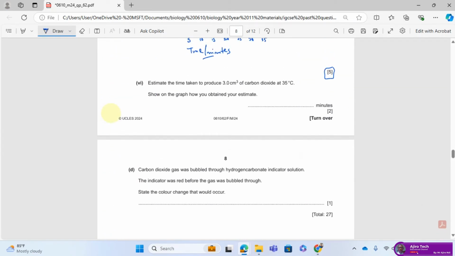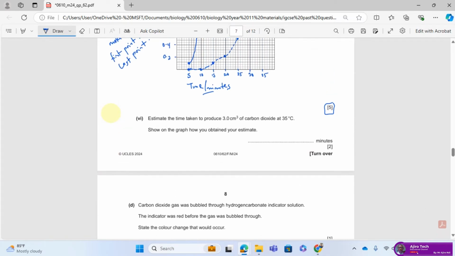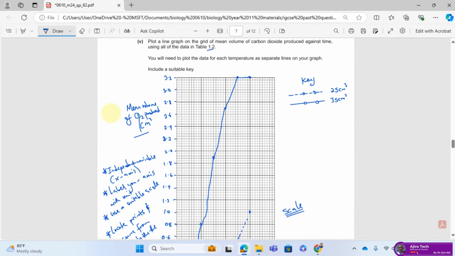It says estimate the time taken to produce 3.0 cm cube of carbon dioxide at 35. So all you do is come to your graph, and at 35, what do we have? To produce 3.0, this is the time at 35 for 3.0, and that would be what? This is 5, 10, 15, 20.